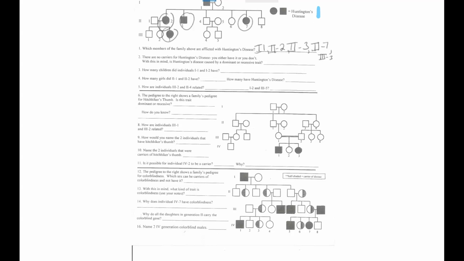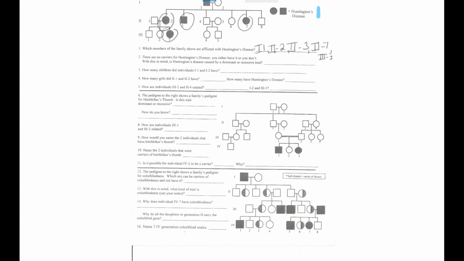So number 2, there are no carriers for Huntington's disease. You either have it or you don't. With this in mind, is Huntington's disease caused by a dominant or recessive trait? So if you have it, that means you can't be a carrier, so you can't be heterozygous for this condition.